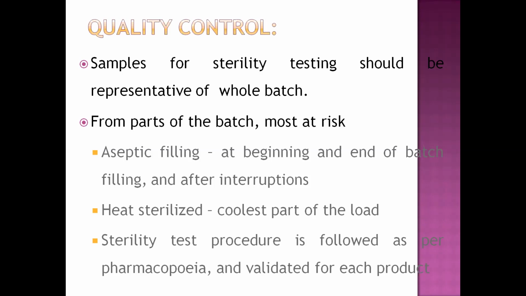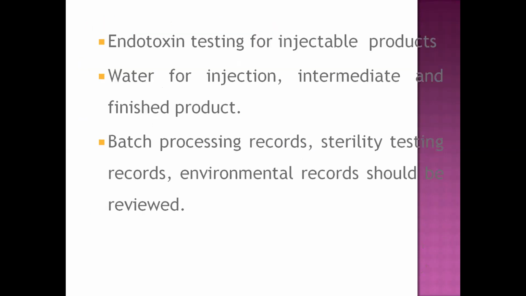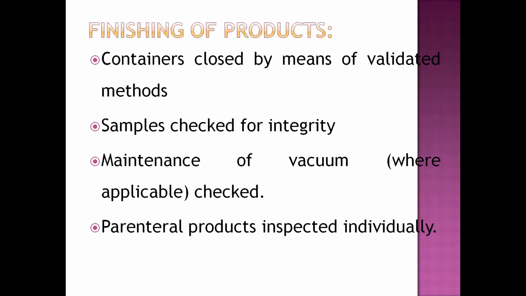The sterility test procedure of the pharmacopoeia is followed, validated for each product, and even endotoxin testing for injectable products, for injections, intermediate and finished products. Batch processing records, sterility testing records, and environmental records should also be kept.